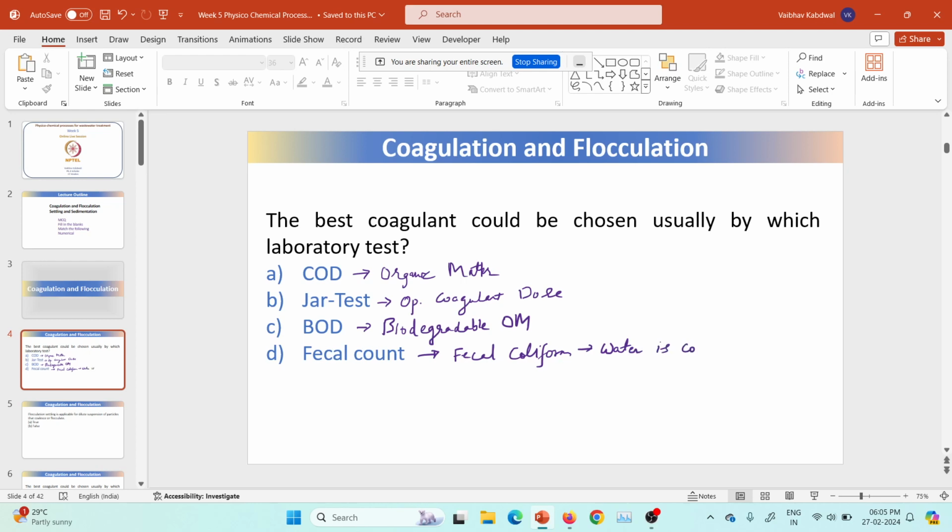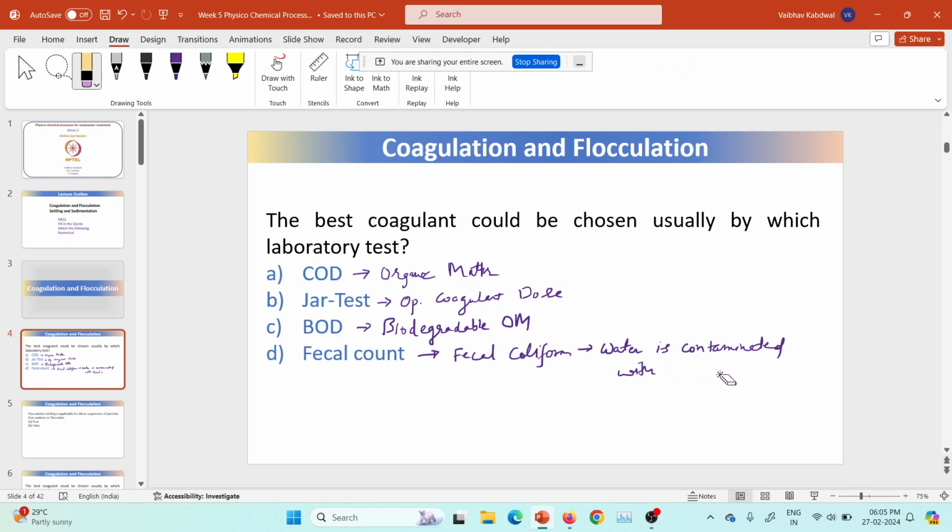So the best coagulant can be chosen with the help of the jar test only. B is the correct answer.